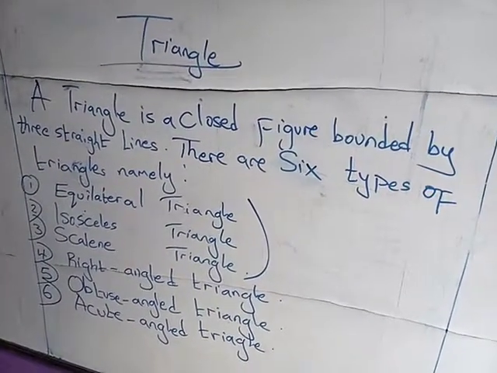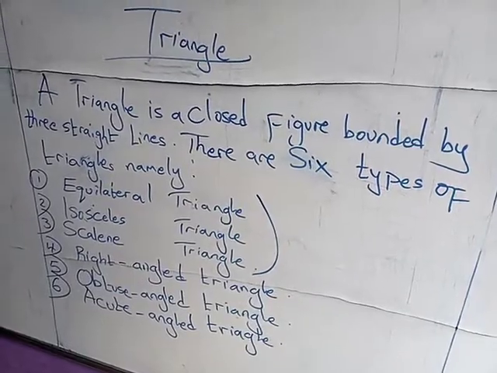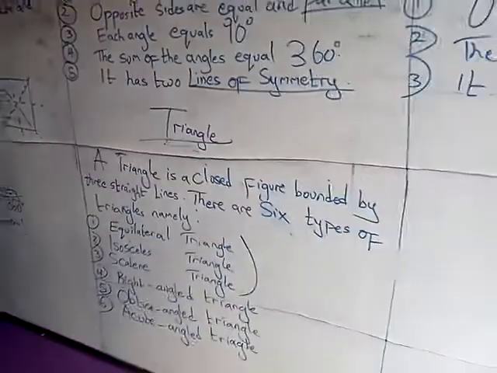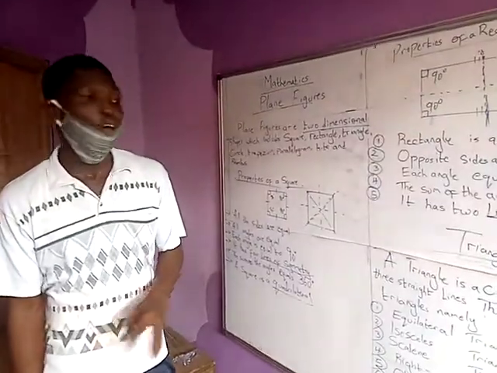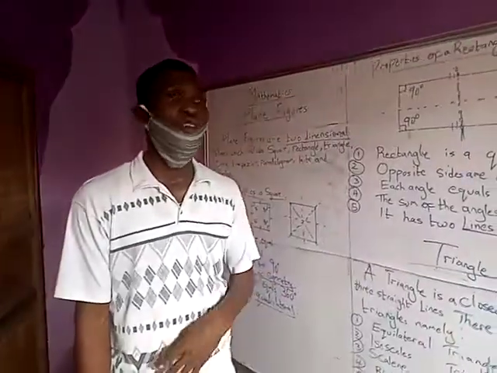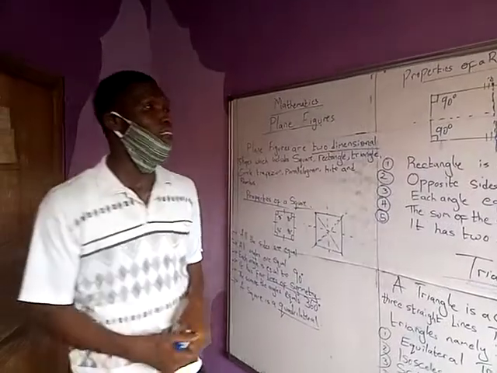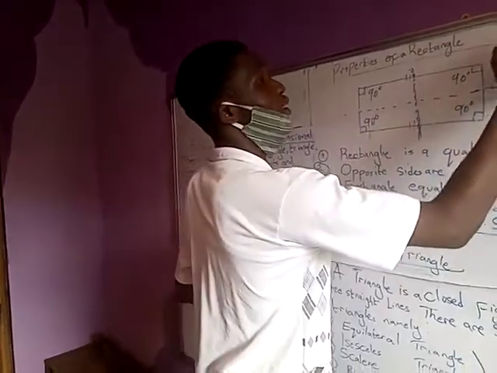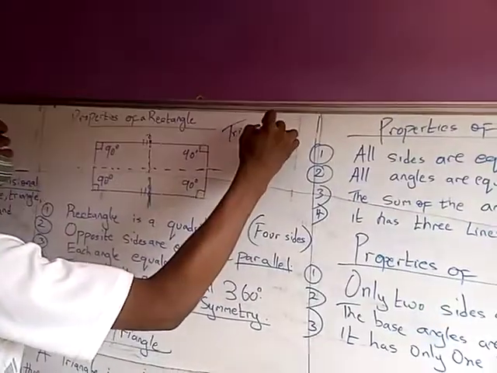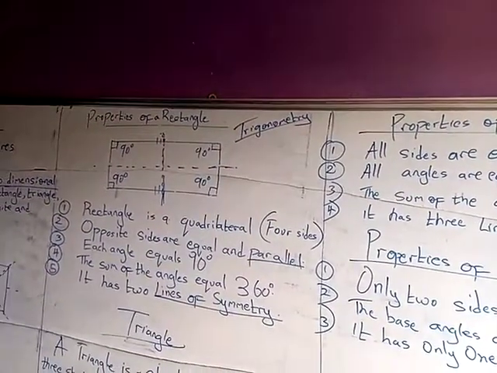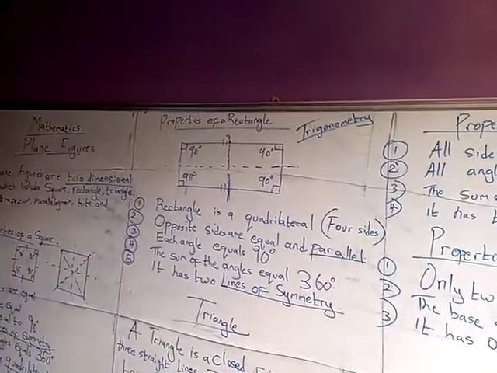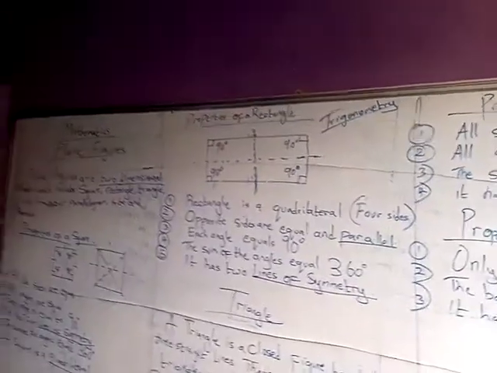And in the world of mathematics, the triangle is a very, very important shape. The study of the sides and the angles of a triangle is what we know as trigonometry.